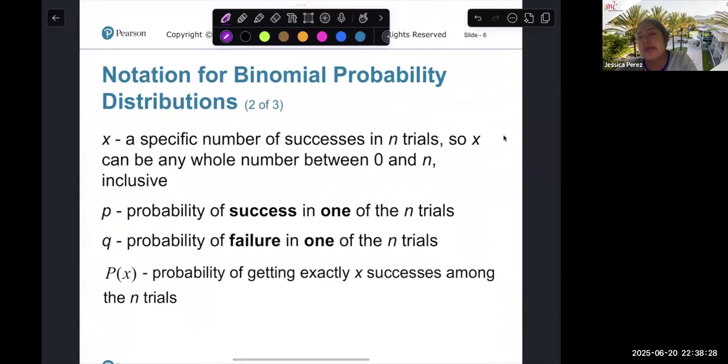Now we need the following notation. We need to know what represents what. The variable X represents a specific number, the same way as we did for a probability distribution, but now it is the number of successes in N trials. X can be any number from 0, inclusive, 1, 2, 3, all the way to N. P is the probability of success in one trial.